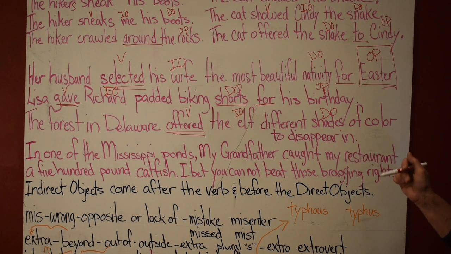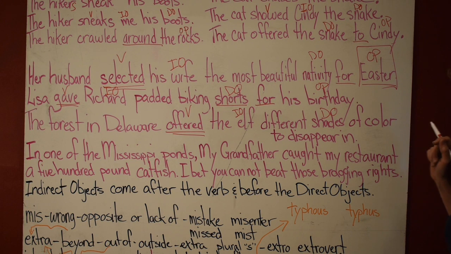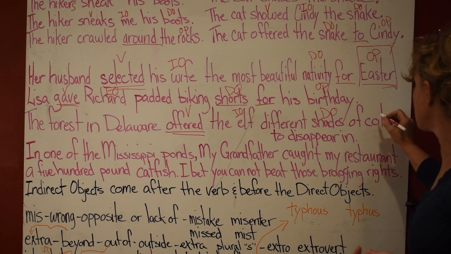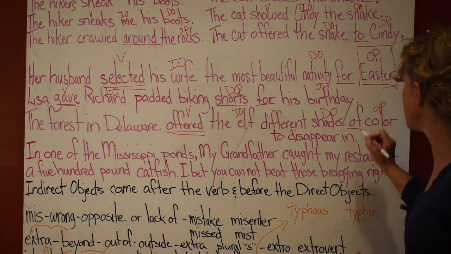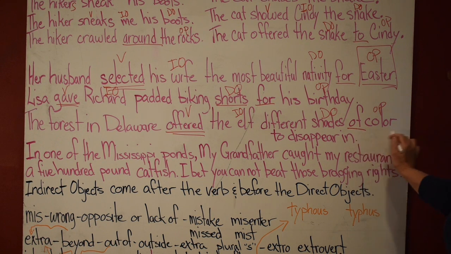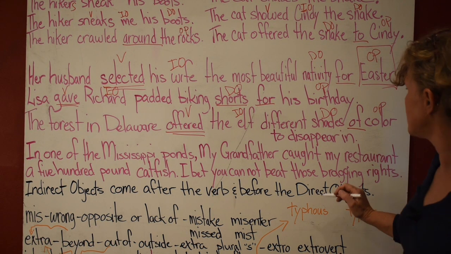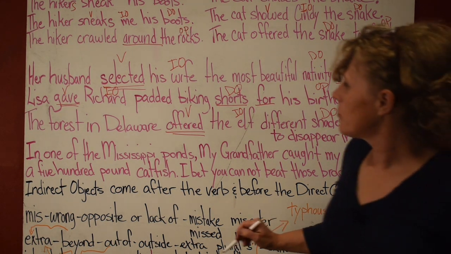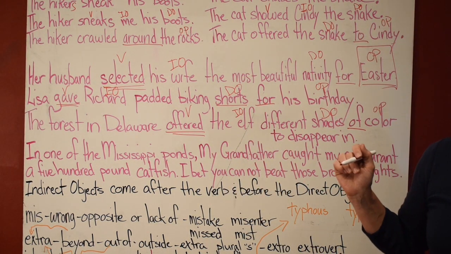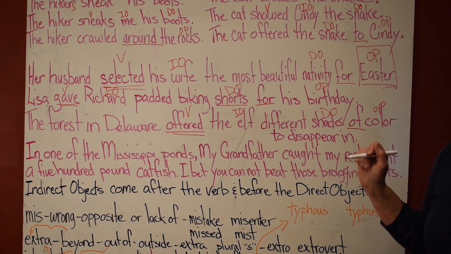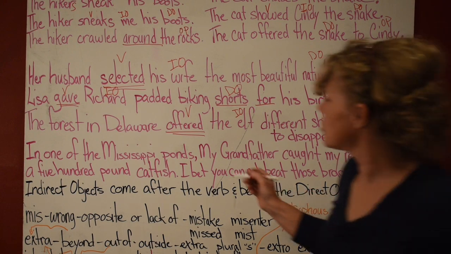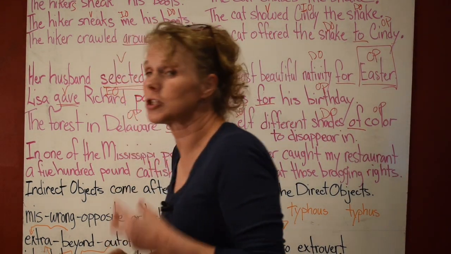Now we have another object position. What is it? Nice, good. So that's the object of the preposition. This is a prepositional phrase describing shades. And we have another one. What is it? Delaware. Nice. So Delaware is the object of the preposition. What's your preposition?